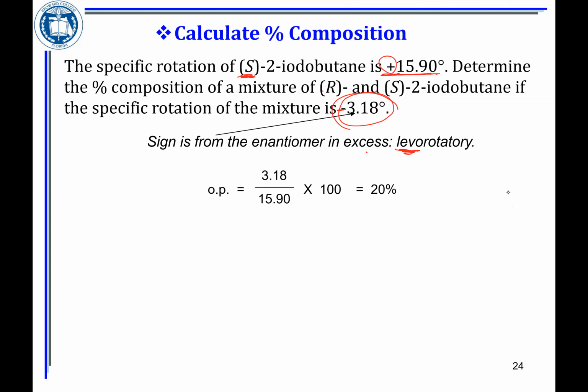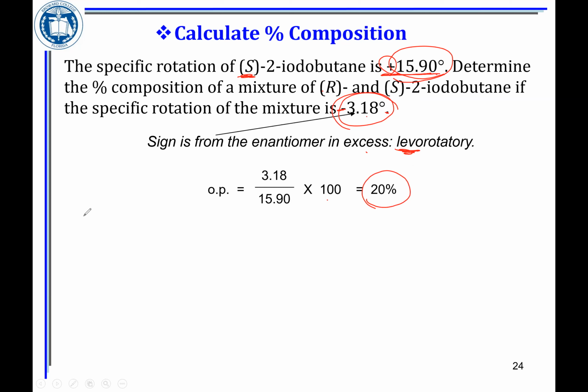So we are going to calculate the optical purity. To calculate optical purity, you divide the observed rotation over the specific standard rotation times 100. So 3.18 divided by 15.9 times 100 is 20%. What does 20% mean?